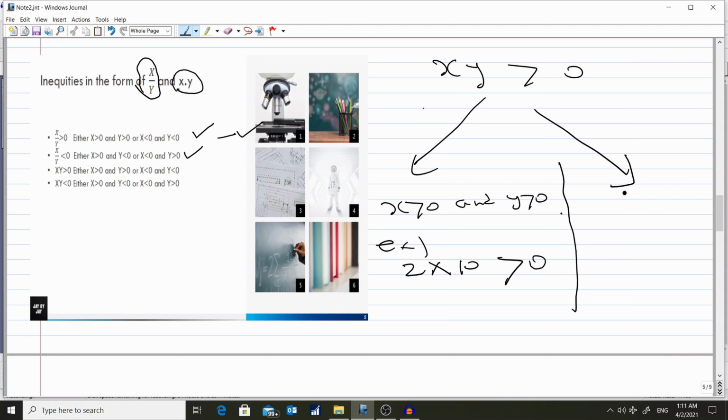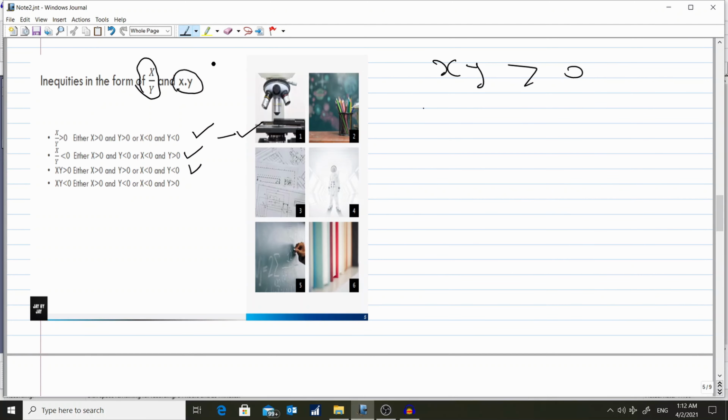What is the other way around? x can be a negative value and y can be a negative value. For example, minus 2 multiplied by minus 6, so the answer will be plus 12. These are the two solutions, and this one or this one needs to satisfy the main inequality. We have just finished this one.